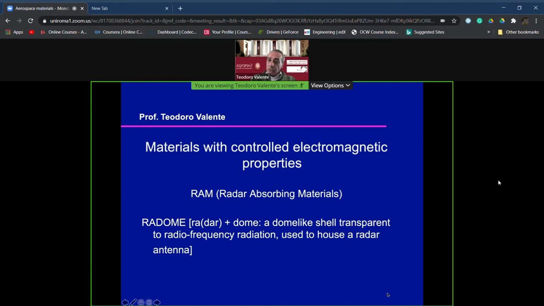Before entering our field, the field of materials, we need to make some general reminders for all of you in order to better understand what we will say later on. A reminder related, generally speaking, to the interaction between an electromagnetic wave and a solid material.